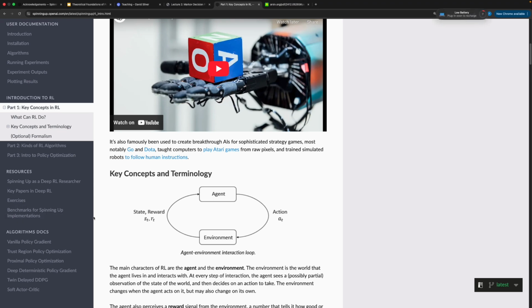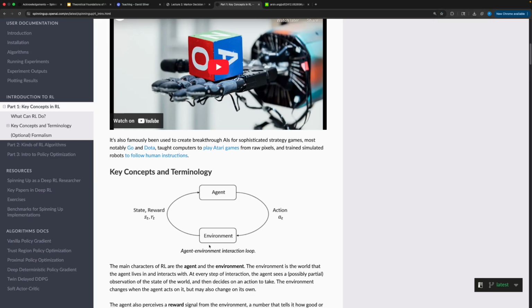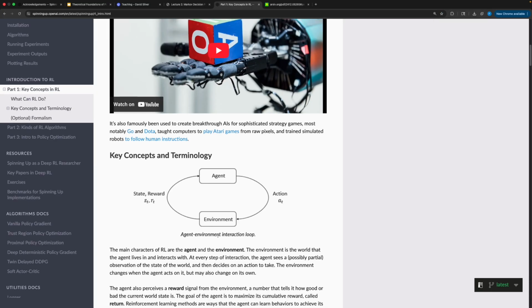So the main characters in reinforcement learning are the agent and the environment. The environment is basically the world that the agent lives in. At every step, the agent can perceive the environment. It resides in a particular state called S_t. In this state, it takes an action to interact with the environment from its action set.